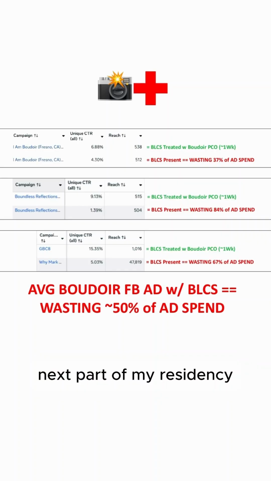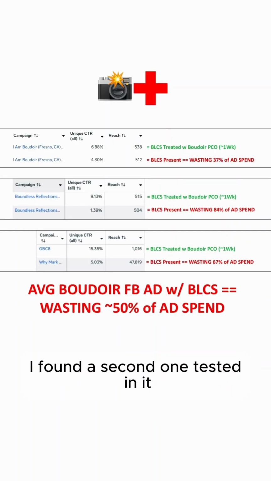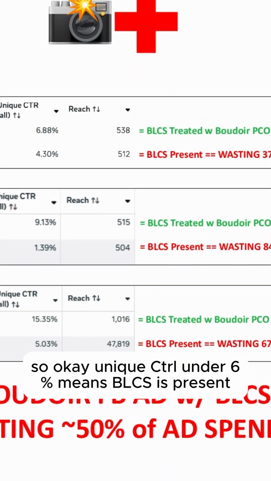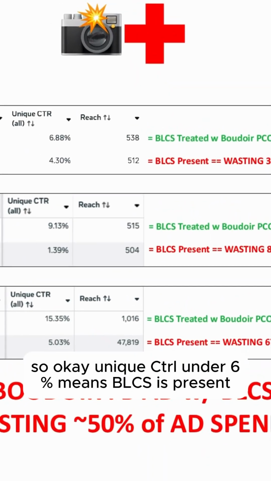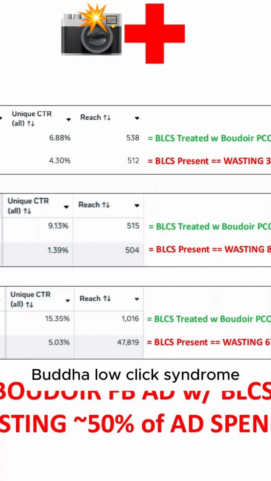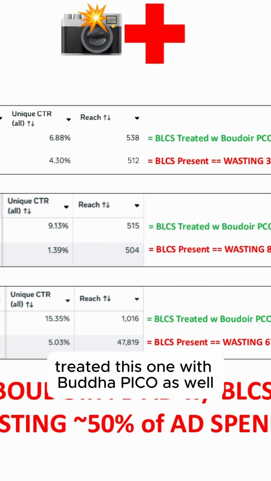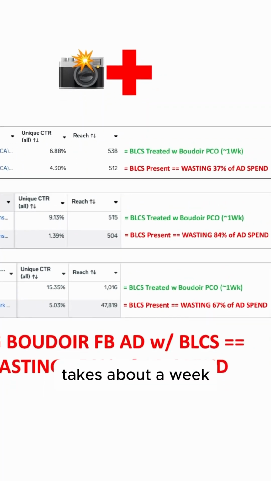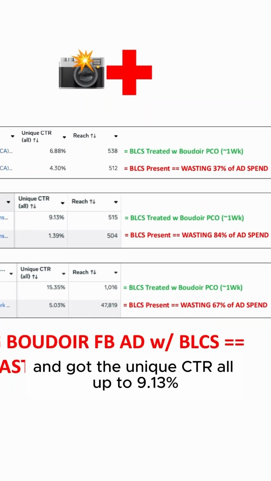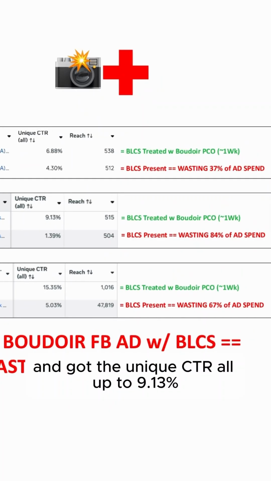Next, part of my residency, I found a second one, tested it, and found its unique CTR all was 1.39%. So, unique CTR all under 6% means BLCS is present, Boudoir low click syndrome. So what we actually did was treat this one with Boudoir Pico as well, takes about a week, and got the unique CTR all up to 9.13%.